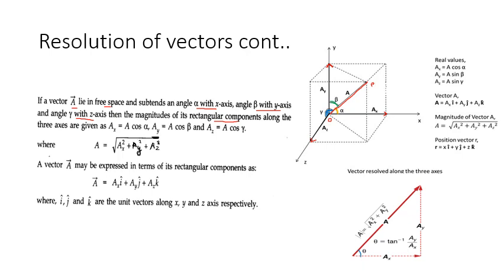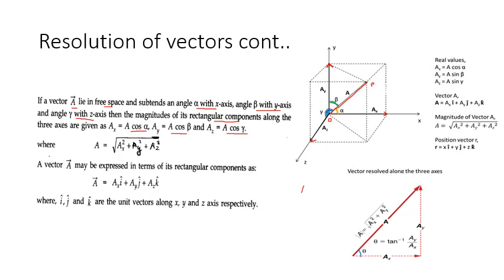Right, so the magnitudes of its rectangular components along the 3 axes are given as, so what is Ax? A cos alpha, Ay, A cos beta, Az, A cos gamma. So these are your resolutions, the rectangular components of the given vector A.